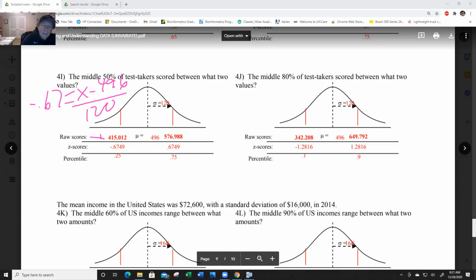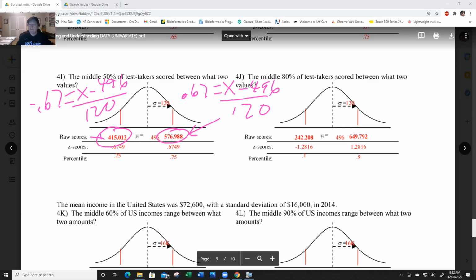And then the second one, 0.67 equals x minus 496 over 120. Sound good? So you end up with those two numbers, and that's the answer, between here and here.